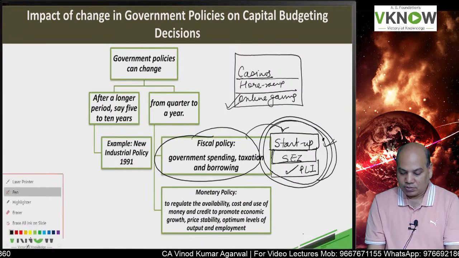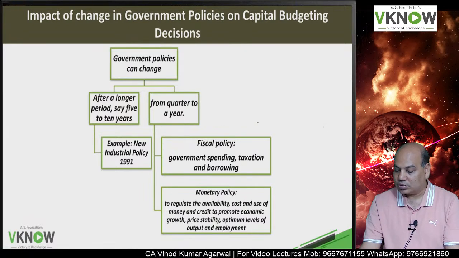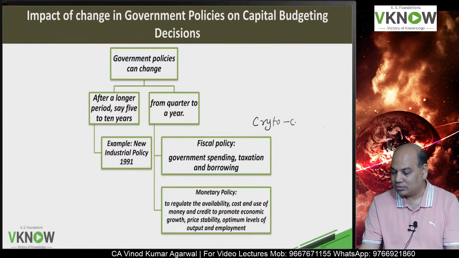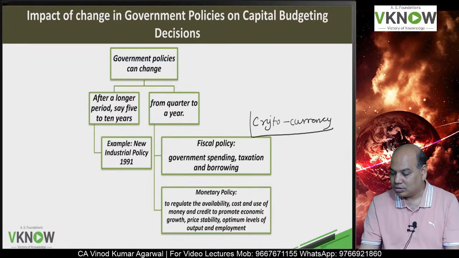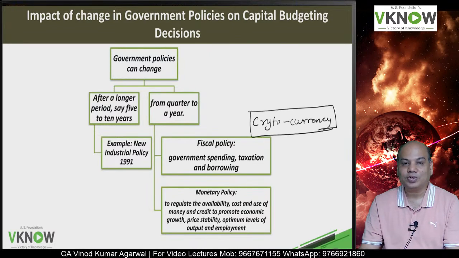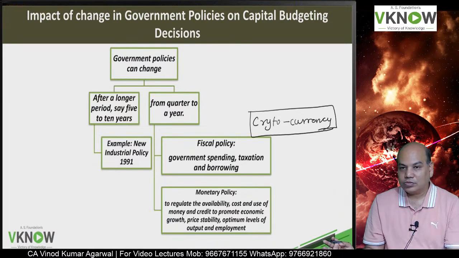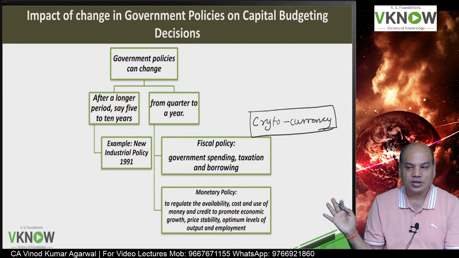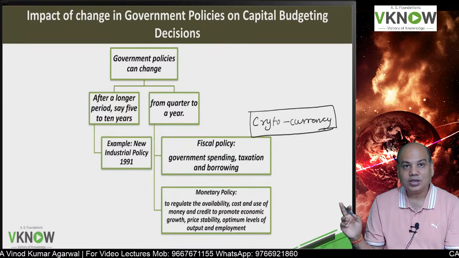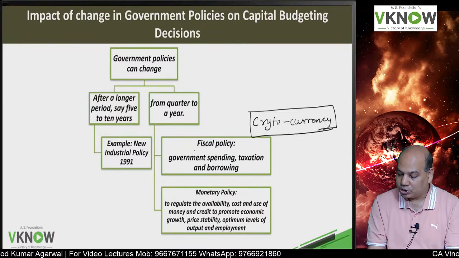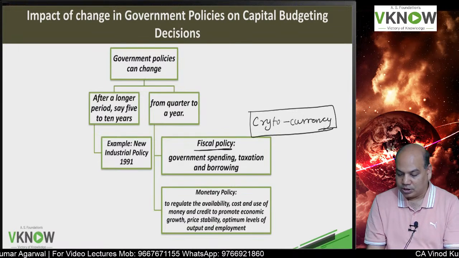So that is the fiscal policy. Or some companies had started cryptocurrency trading. Government says all such cryptocurrencies are not acceptable or not recognized by the government of India. So all those platforms have vanished now. That is the impact of government policy, fiscal policy.